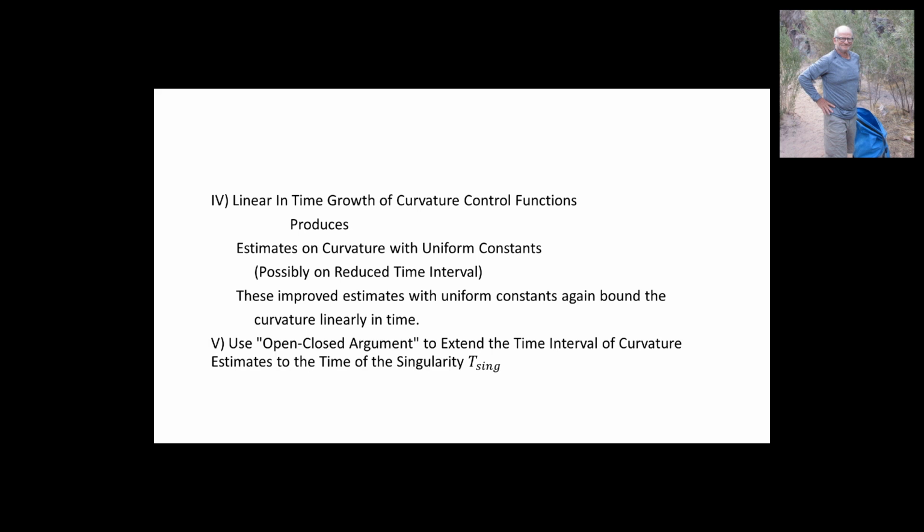These improved estimates with the uniform constants again bound the curvature linearly in time. And the fifth step is to use an important open-closed argument to extend the time interval of the curvature estimates to the time where the singularity develops. This again is an important part of the proof.